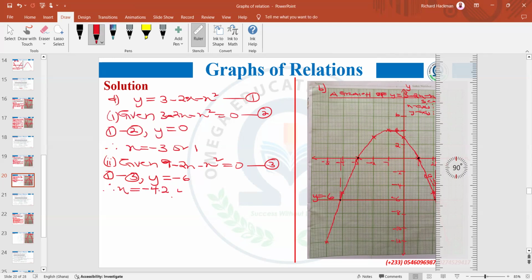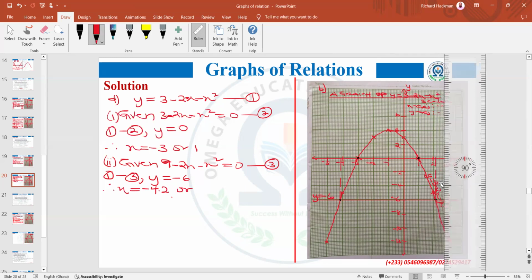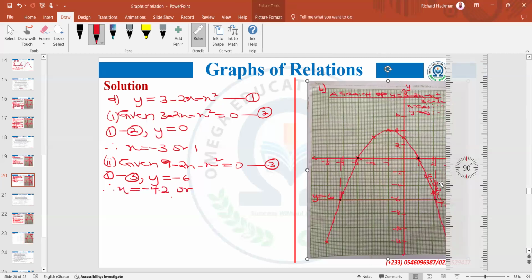The second one is only one small box, so it's 2.1. Is that clear? Yes. Are we all fine?